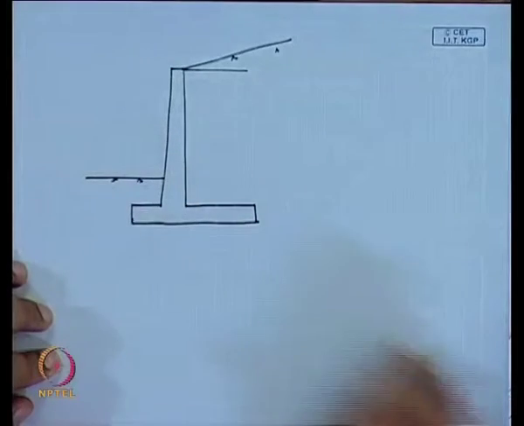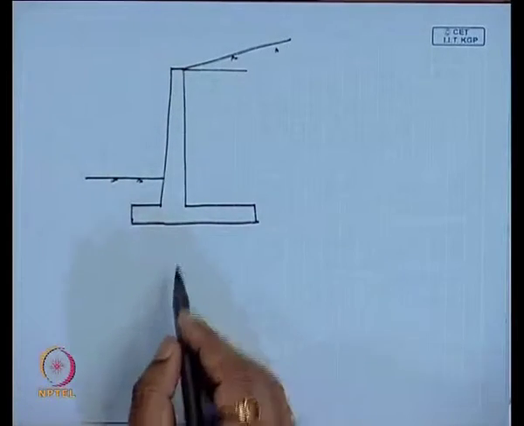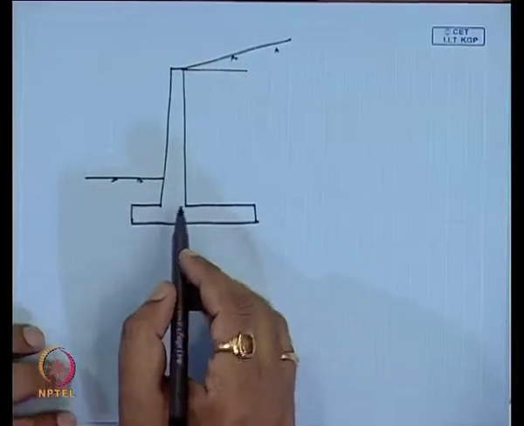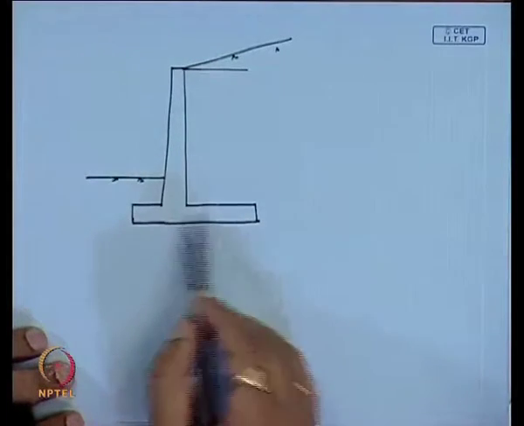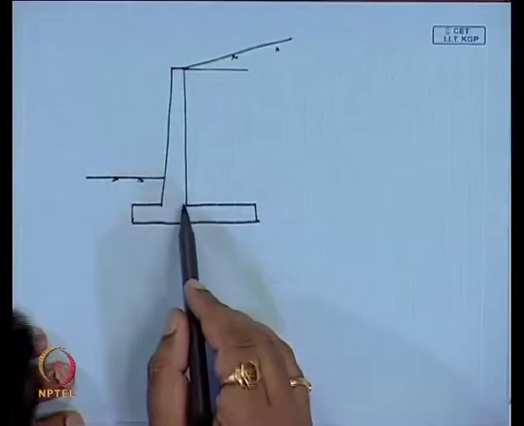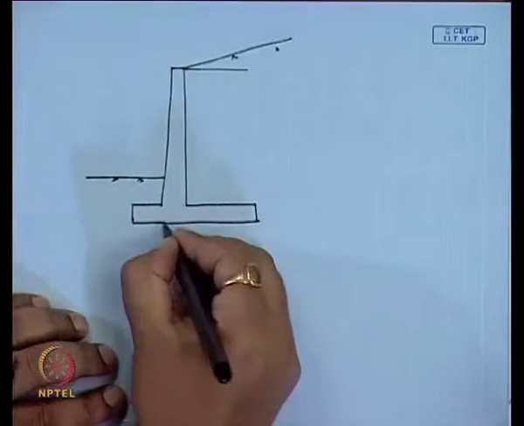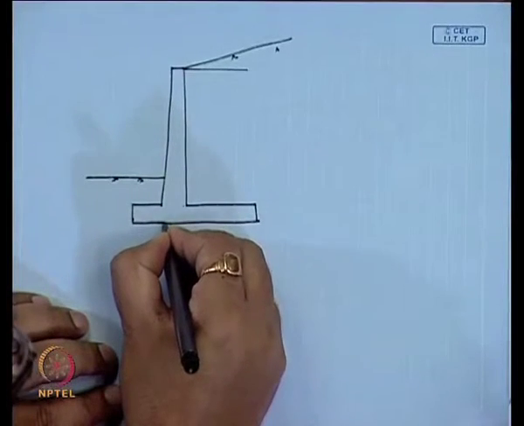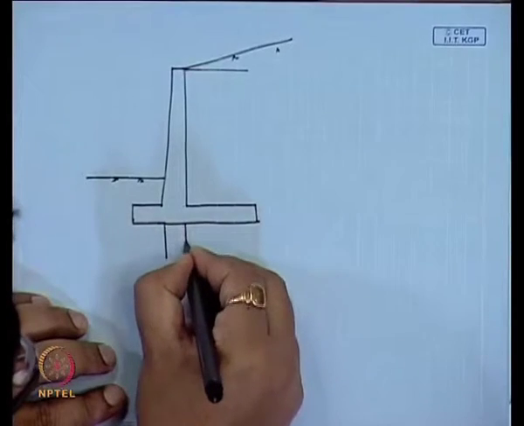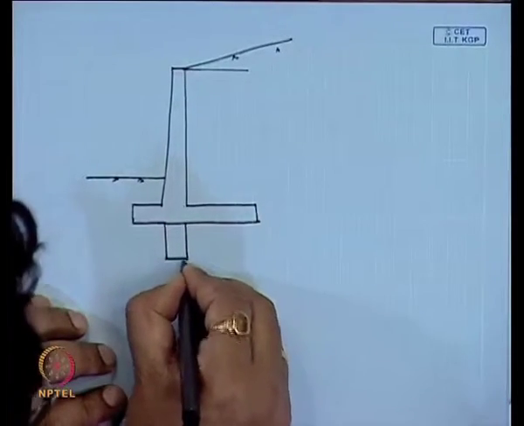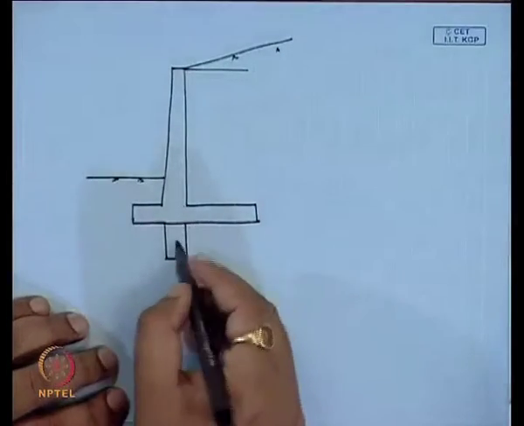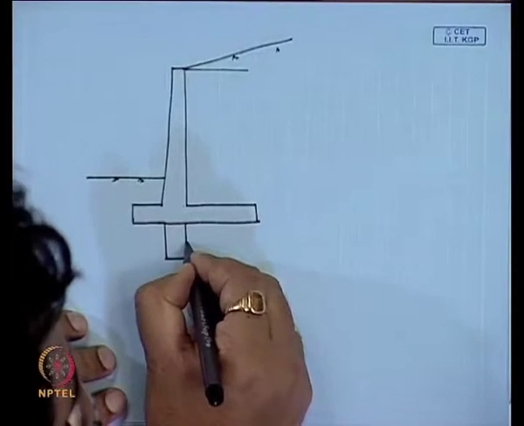Say this retaining wall is unsafe against the sliding, then we can provide one key here, in this form, an extended portion which is called a key.